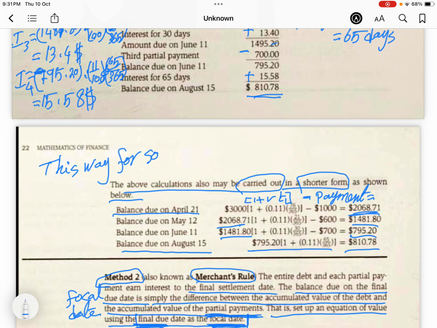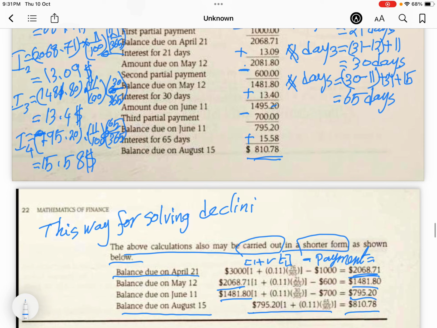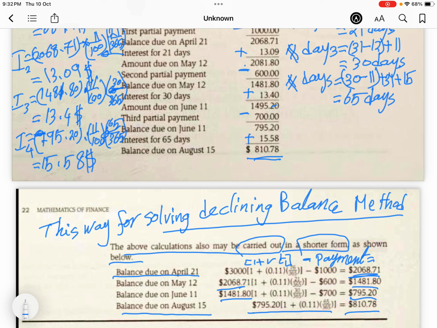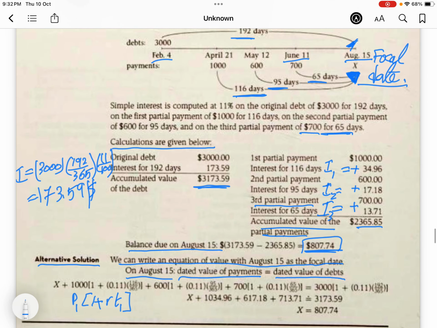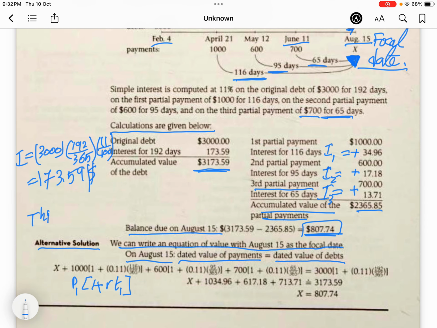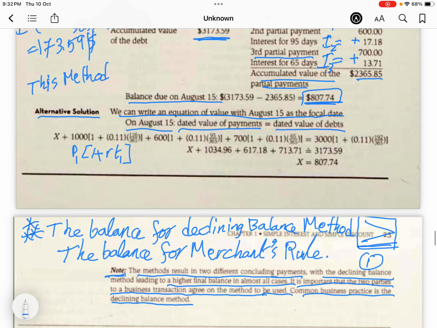For solving with the declining balance method, also choose the easiest way for this method, and the easiest way for solving the merchant rule.